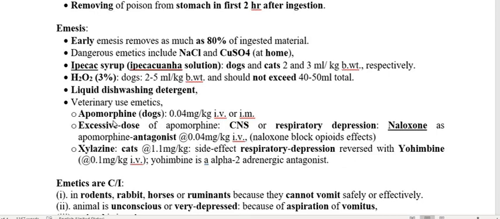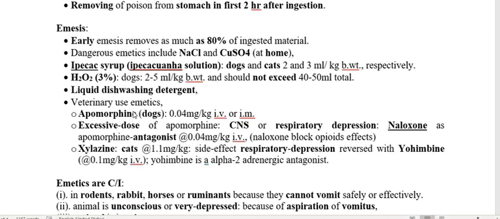Apomorphine we use to induce the emesis in dog, and we give the apomorphine at the dose rate of 0.04 mg per kg IV or IM. And if you find toxicity because of this apomorphine, because the mechanism of action of apomorphine is somewhat related to morphine, it is quite related to the opioids.